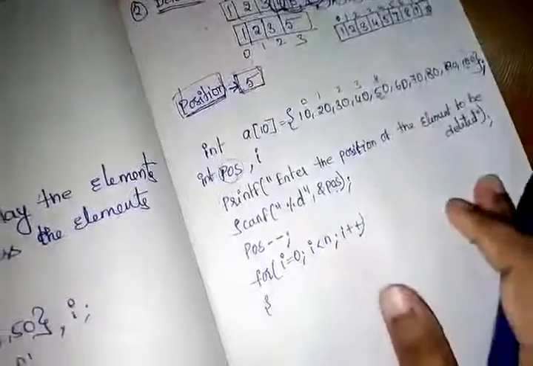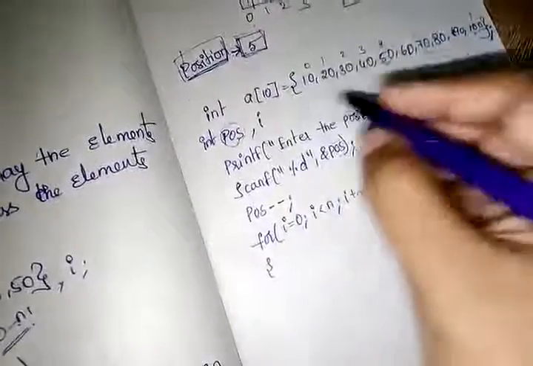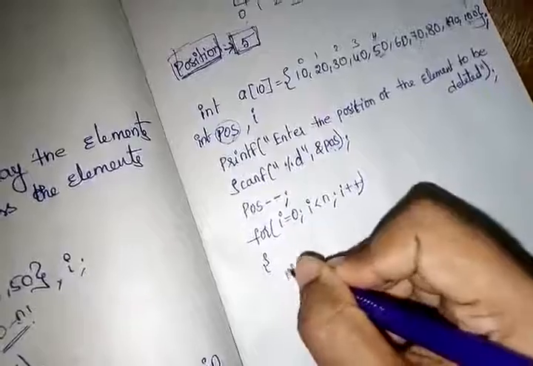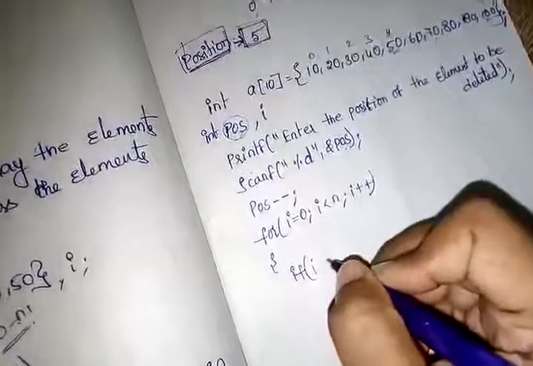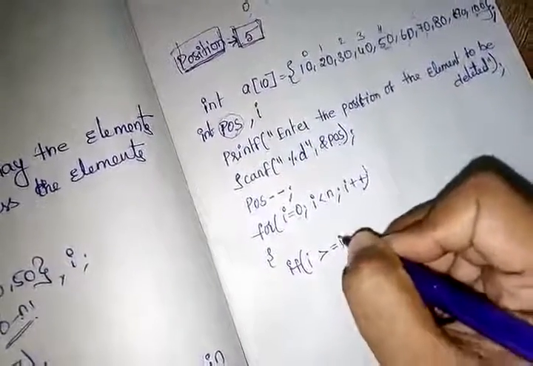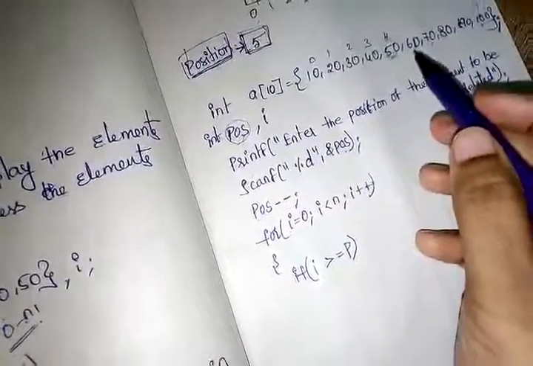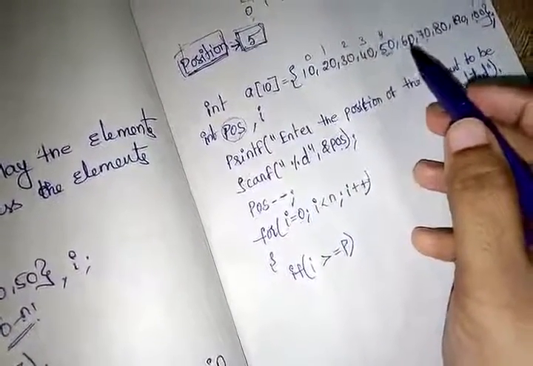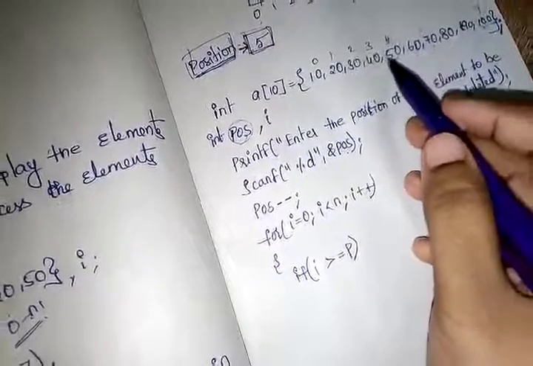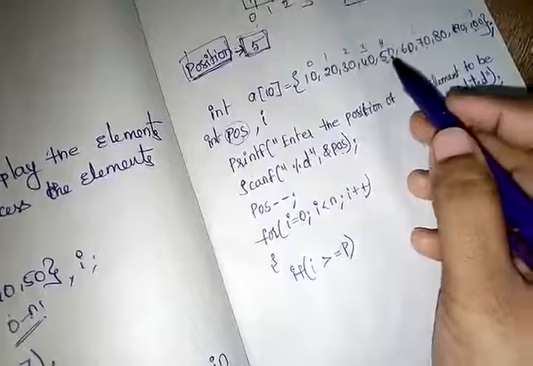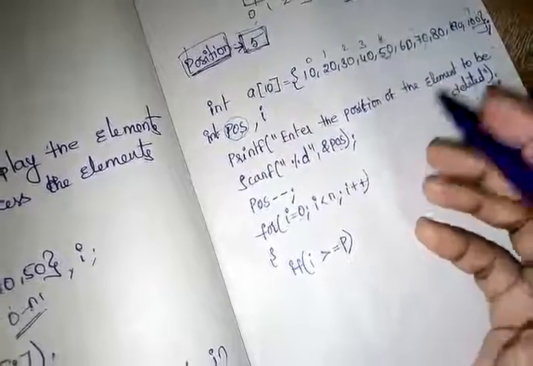So if i is greater than or equal to p, then we need to move the element i plus 1 into the element i. So the next index element should be moved to the previous index.